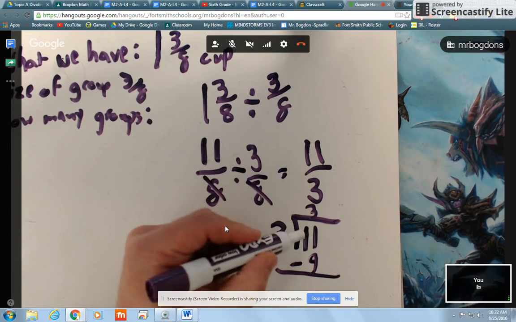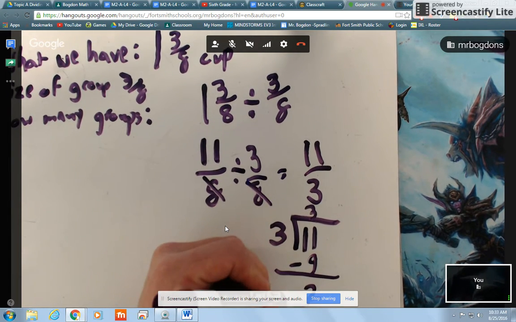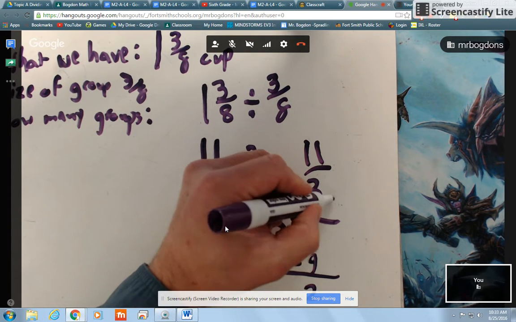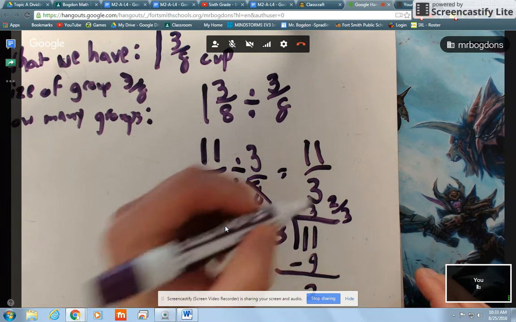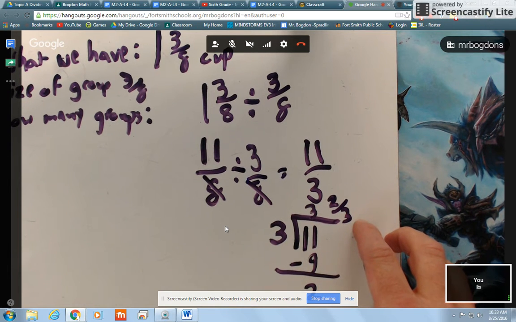The difference between 11 and 9 is? My remainder goes in the numerator. My divisor goes in my denominator. So Molly can make 3 2/3 of a batch.